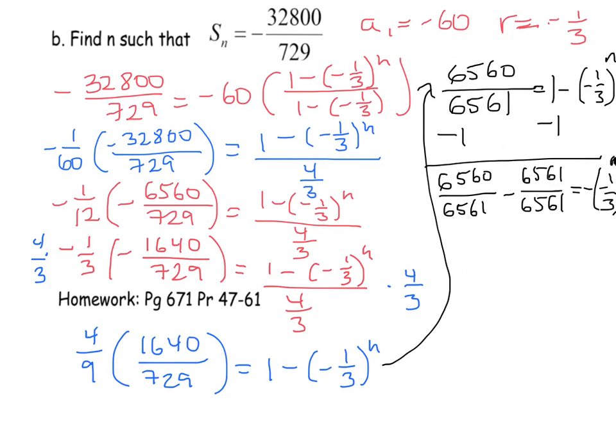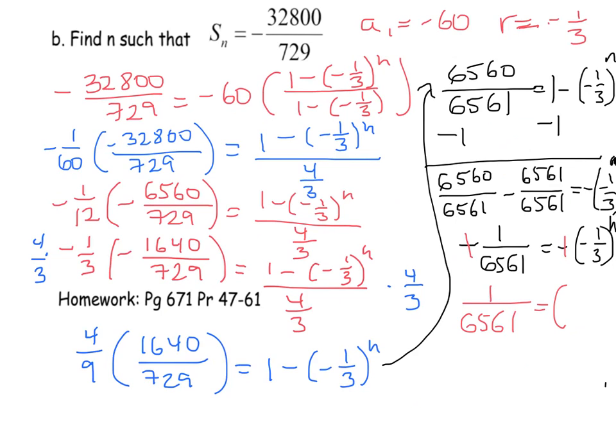So now I need to simplify and get negative 1 over 6,561 will equal negative 1/3 to the n. So now I'm going to divide both sides by negative 1 and end up having 1 over 6,561 equals negative 1/3 to the n.